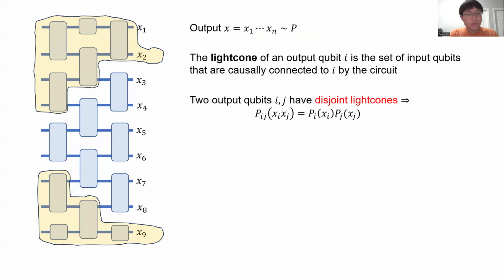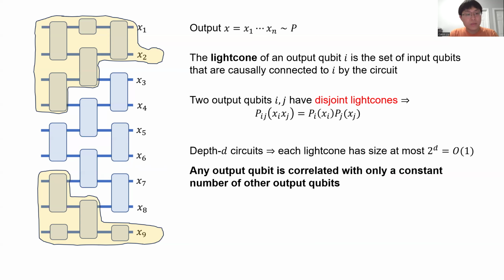The key property of light cones of shallow circuits is that if 2 output qubits i and j have disjoint light cones, then i and j have independent marginal output probabilities. The joint marginal distribution of i and j is the product of the marginal for i and the marginal for j.